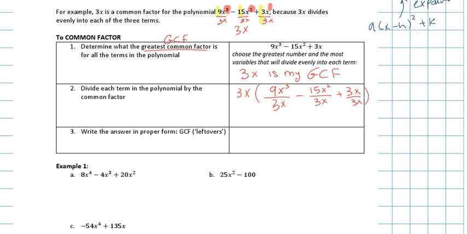What is 9x cubed divided by 3x? 3x squared. That's right. Let's look at why. So 9x cubed is 9 times x times x times x, right? That's what x cubed means. X cubed means x multiplied by itself 3 times.